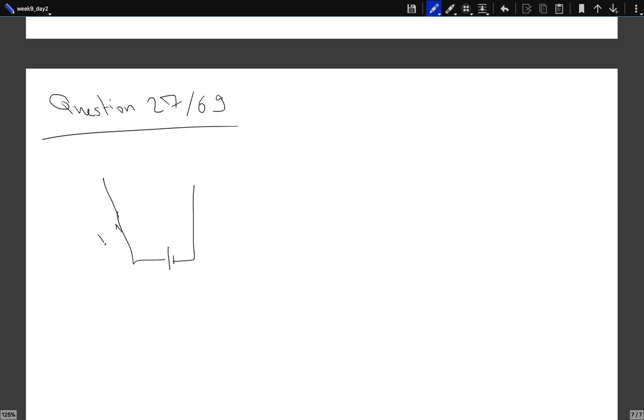A current is running through the wires. Now let me draw it properly. And then you have a movable rod on the wires, so that there will be a current running through the wires.